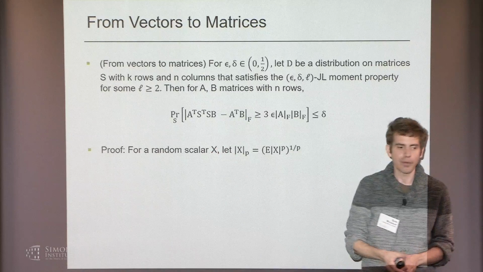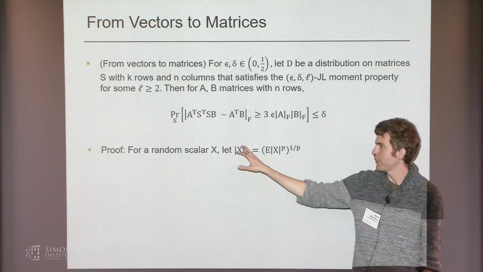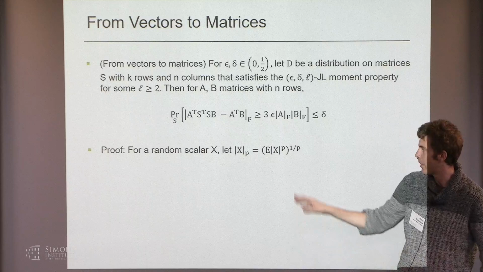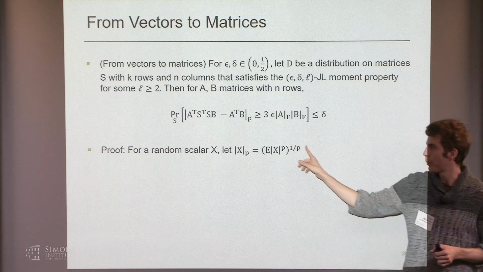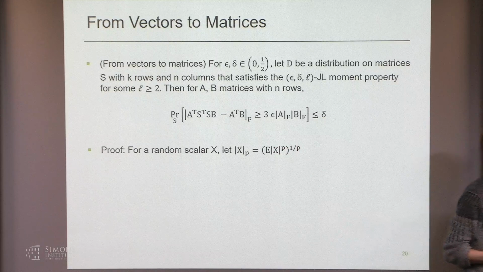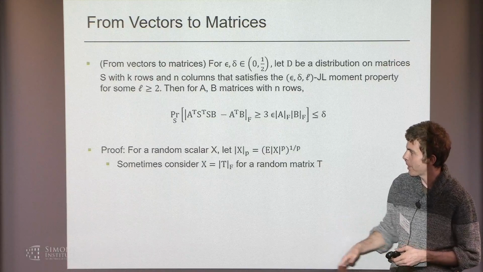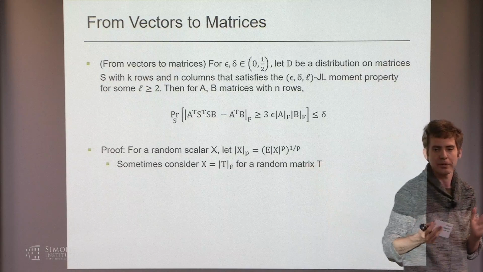For a scalar random variable x, let's define the p-norm of x to be the expectation of the absolute value of x to the p, raised to the 1 over p. And how are we going to apply this? Well, in our proof, sometimes this scalar x will be the Frobenius norm of a random matrix T, for example.